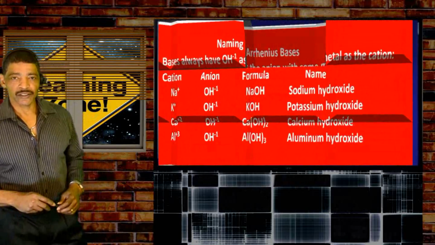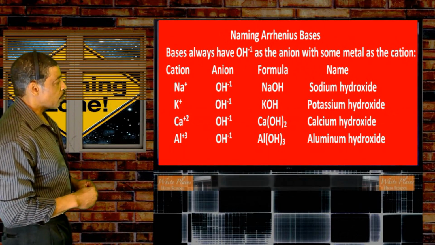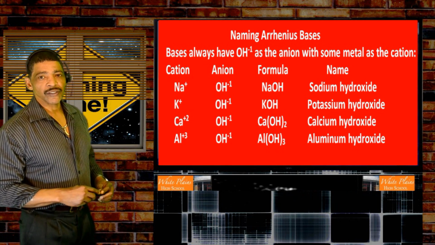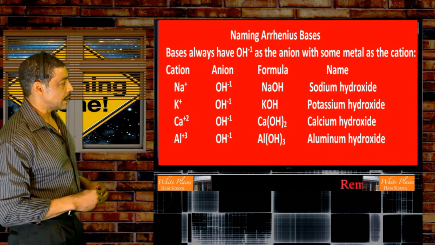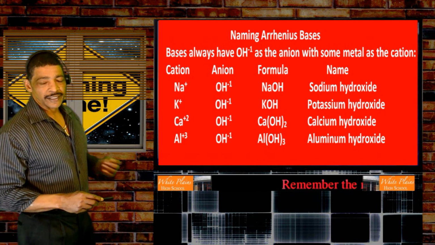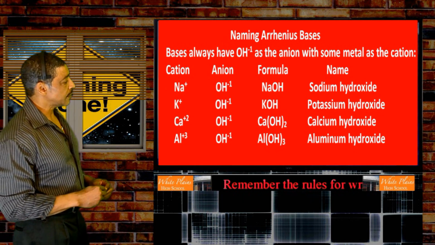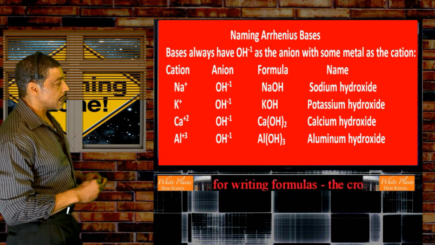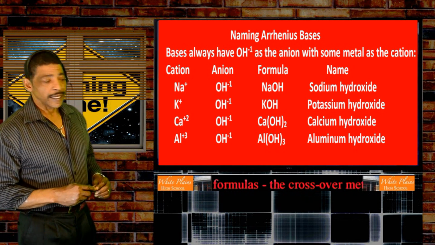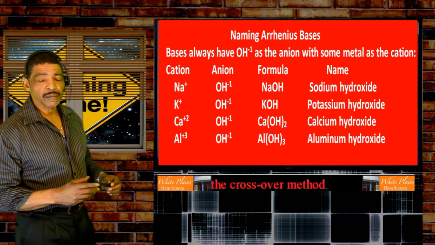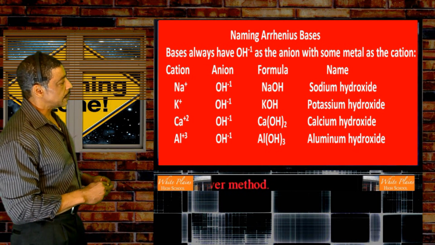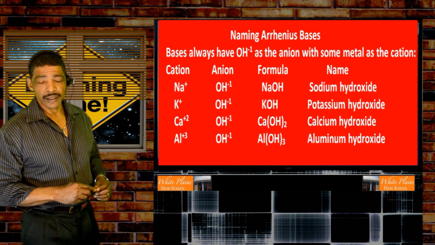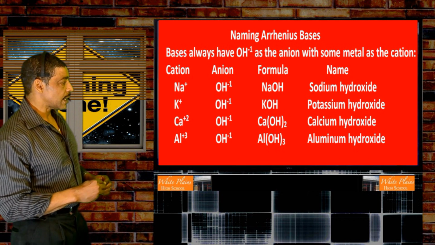All Arrhenius bases are named the same way, where the bases will always have hydroxide ion and some metallic cation. For example, if a base contains sodium Na+ cation and the anion OH-, the chemical formula will be NaOH, and the name will be sodium hydroxide.